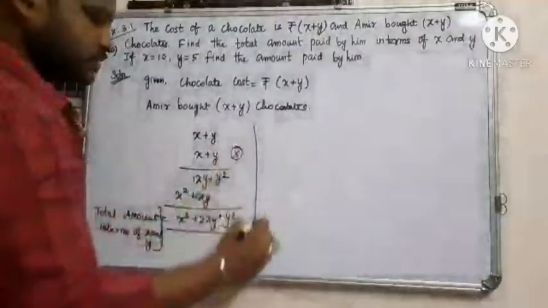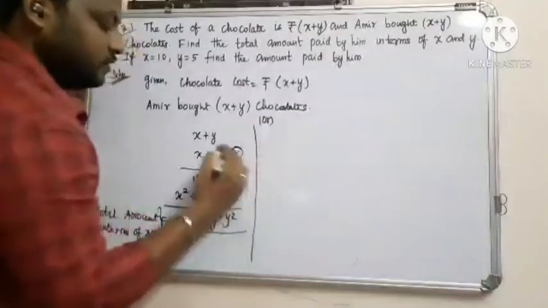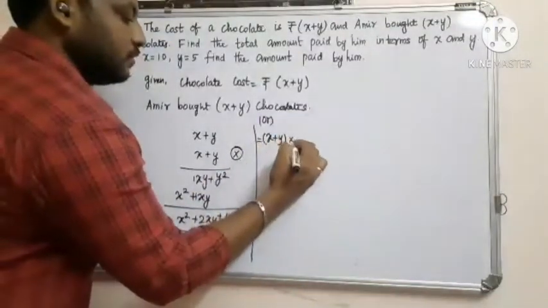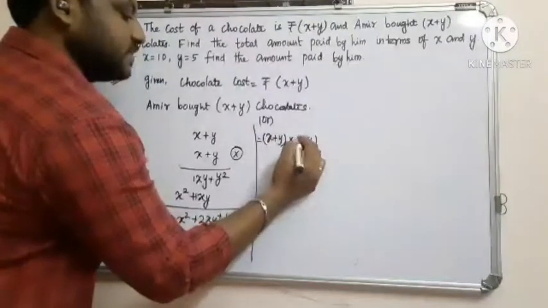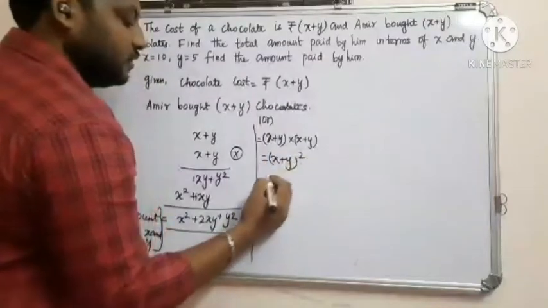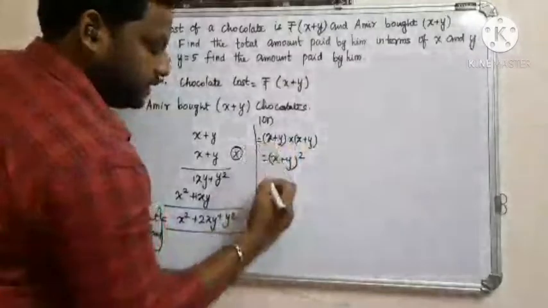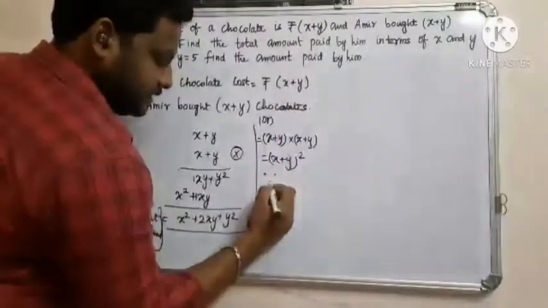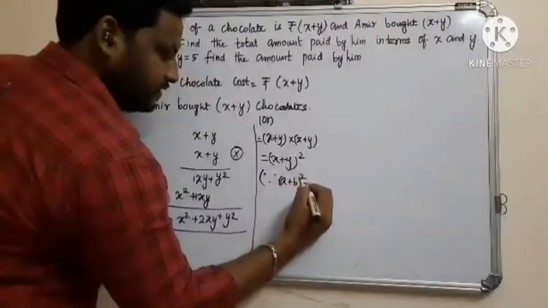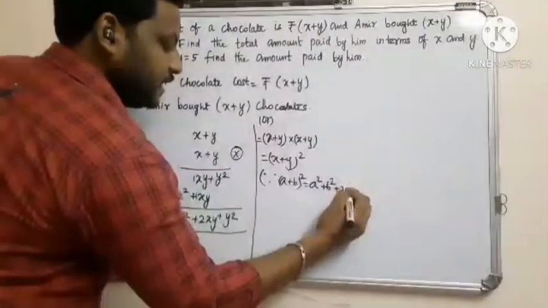Or else you can use the formula x plus y into x plus y, which means x plus y the whole square. You know the a plus b the whole square formula, which is equal to a square plus b square plus 2ab.